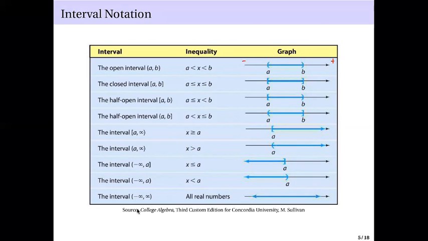And for the interval negative infinity to plus infinity, we have these two-sided lines: the blue line pointing to the right and to the left. So it means we are talking about all the real numbers. Again, interval notation in the first column, inequality notation in the second, and graphical representation in the third.